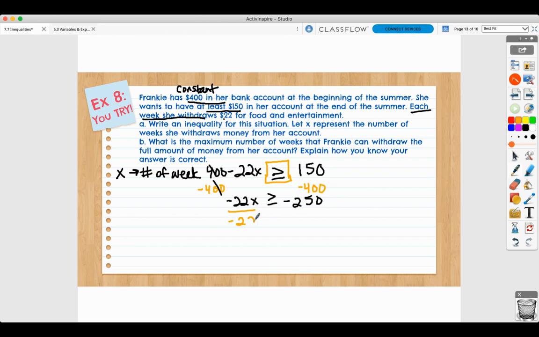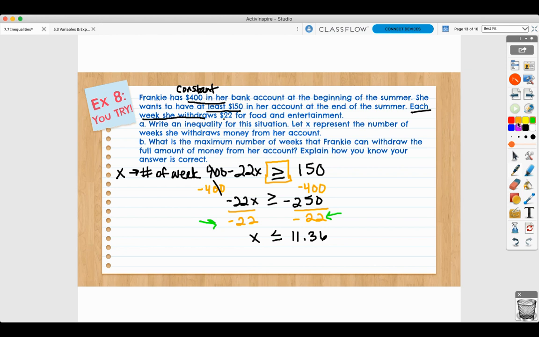Divide by negative 22. And that gives you x is less than or equal to 11.36. That's what the decimal ends up being. And remember, why are we flipping the symbol? It's because we divided by a negative on both sides. You got to flip that symbol.